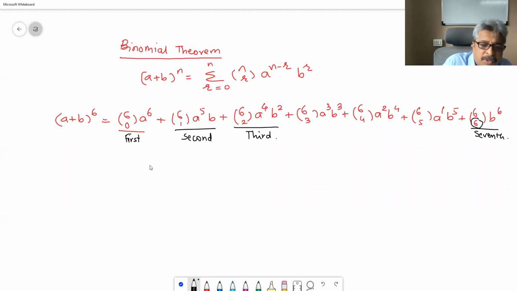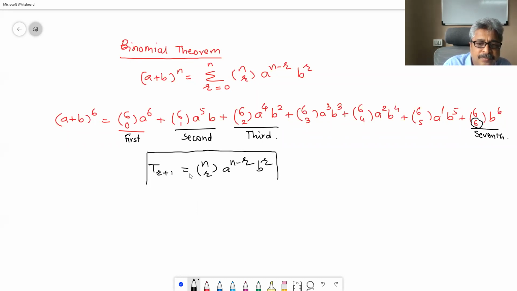So term number T(r+1) is equal to n choose r a raised to n minus r b raised to r. This is what is important, and that is what we have put there in the binomial theorem.